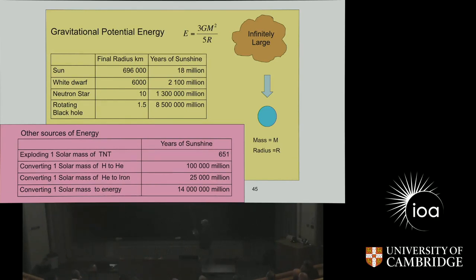You will see creating a black hole with a radius of about 1.5 kilometers gives you about half that energy. So it's about half the entire mass energy. So in other words, gravitational potential energy is a very powerful source of energy in the universe, even though gravity is such a weak force.